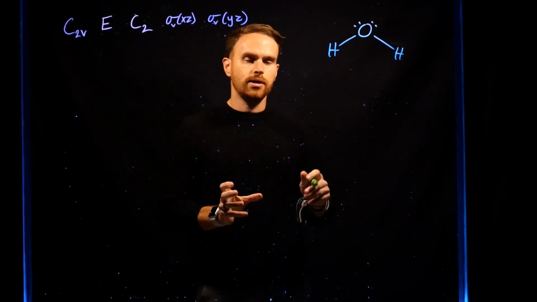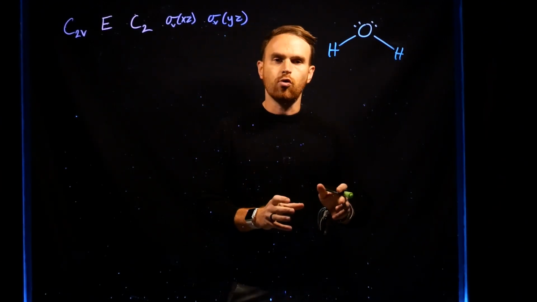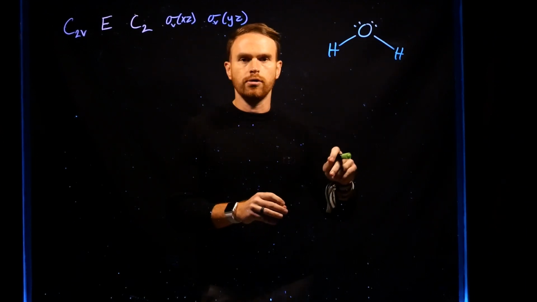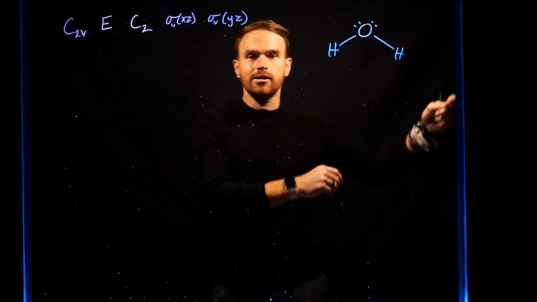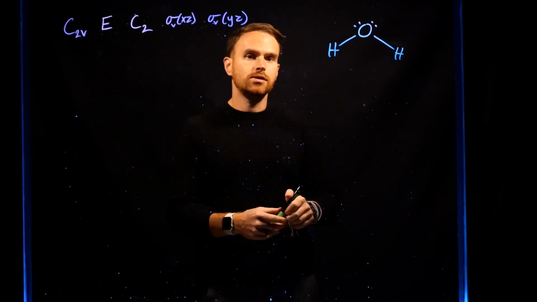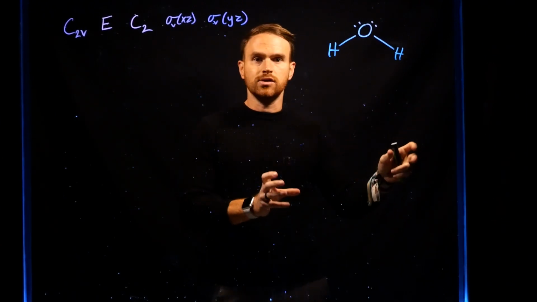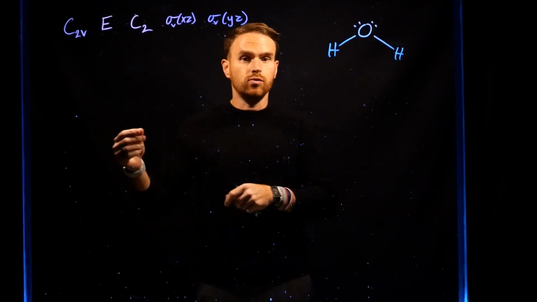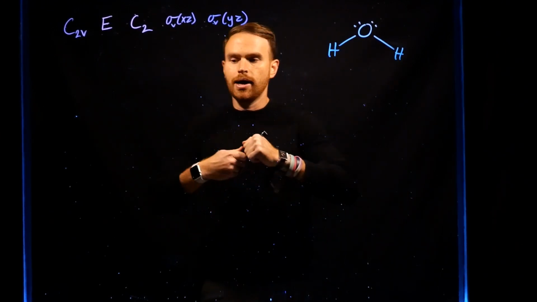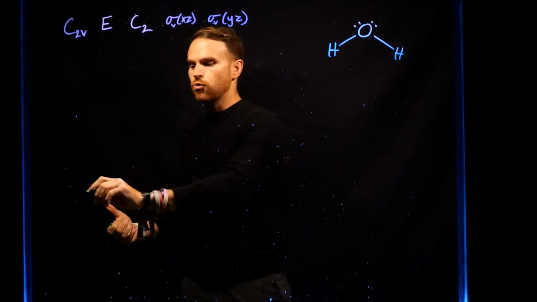So when we create molecular orbital diagrams for multinuclear, more than just diatomic species, we need to take the outer atoms and call those the group orbitals, and then apply it to the center atom when we create our molecular orbital diagram.